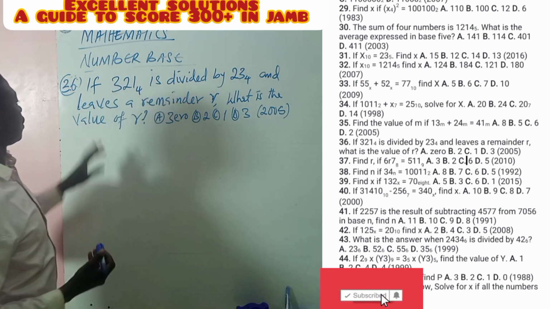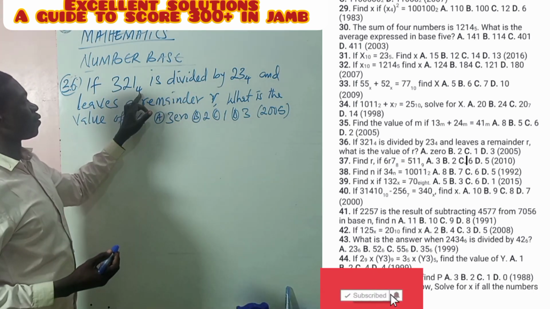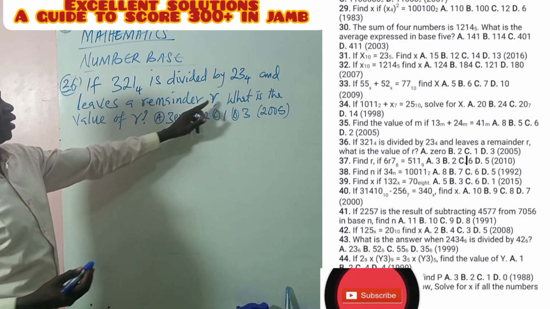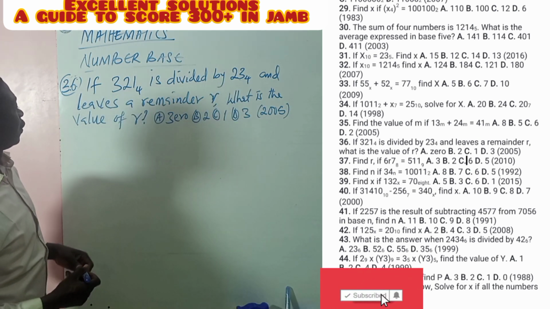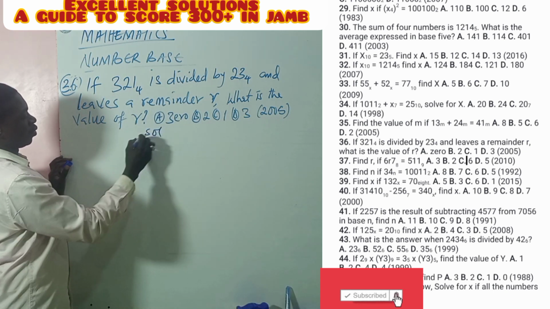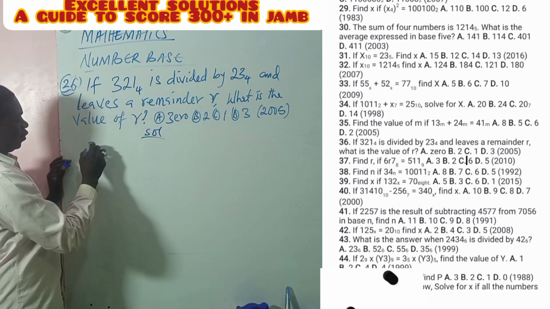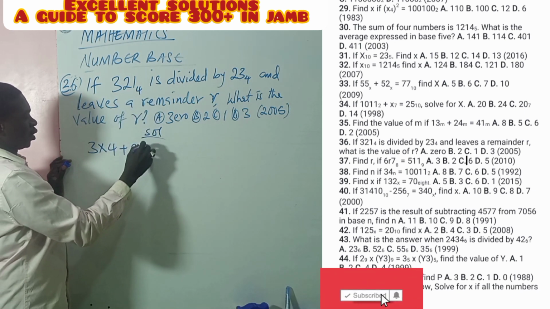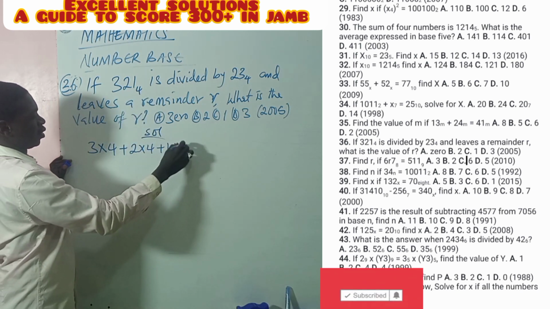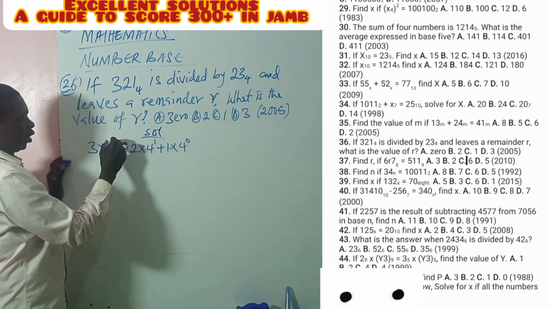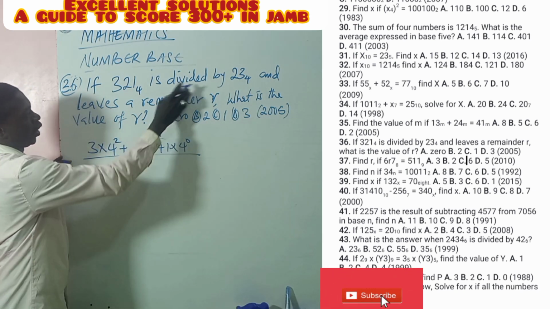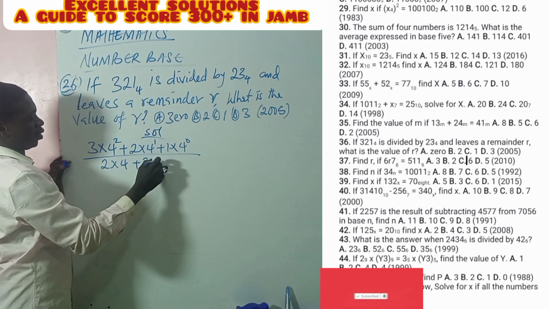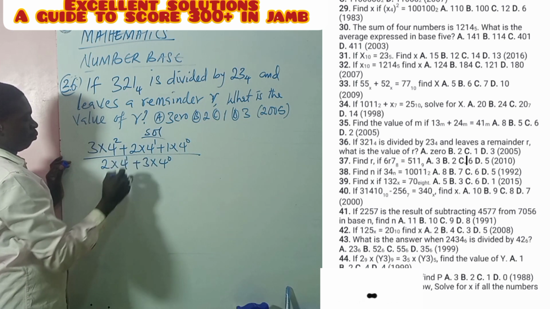Question 36 says, if 321 base 4 is divided by 23 base 4 and leaves a remainder r, what is the value of r? So here what we need to do, we have 3 times 4 plus 2 times 4 plus 1 times 4 power 0, power 1, power 2, then divided by 2 times 4 plus 3 times 4 power 0, power 1.